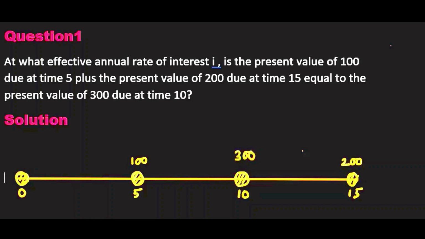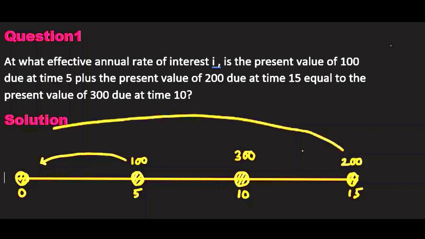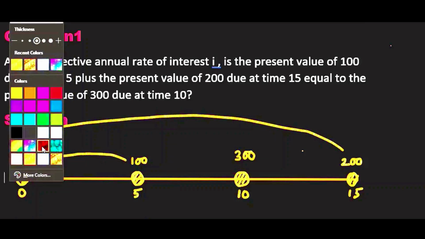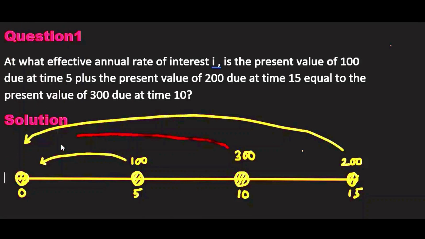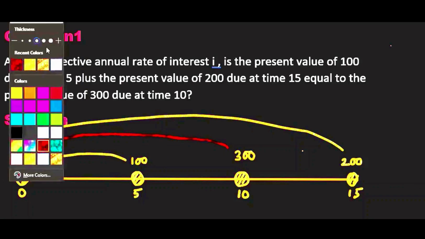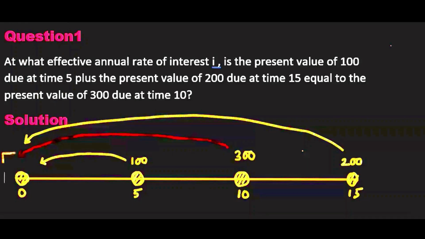So what is the equation here? How can you form an equation? You need to find the present value of 100 and the present value of 200, and that should be equal to the present value of 300 at time 10. So this value should be equal to this plus this, right?